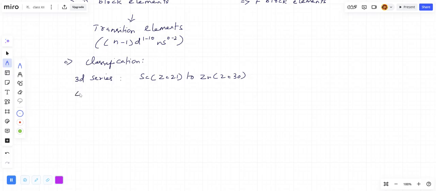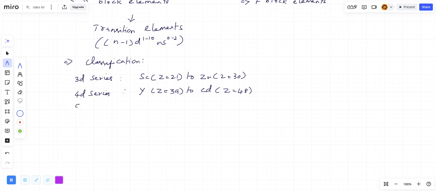Then the 4D series starts from yttrium, Z equal to 39, to cadmium, atomic number 48. So this is 4D.